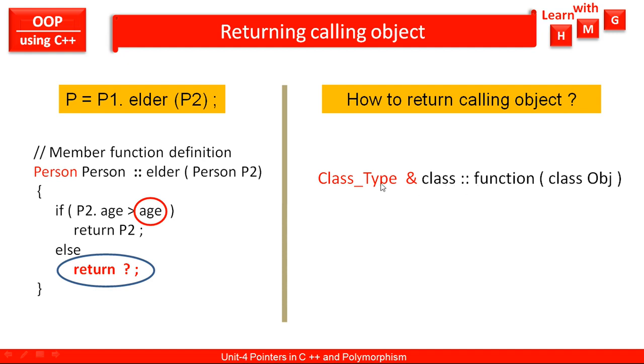Then this is the return type, that this function is going to return an object of this type of class. So here the class type will be there, and in between there is the address operator. Class type ampersand means this function is going to return an address. Address of what? Address of an object. That's why this address operator ampersand indicates the function is returning the address of the object of the type class.